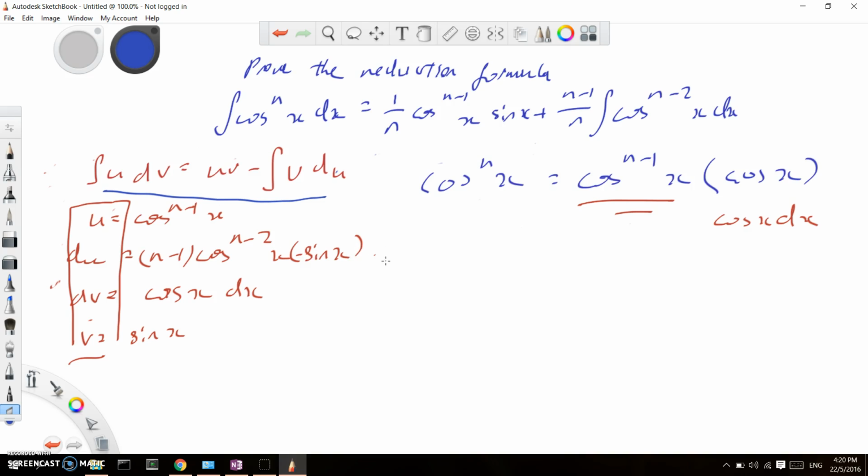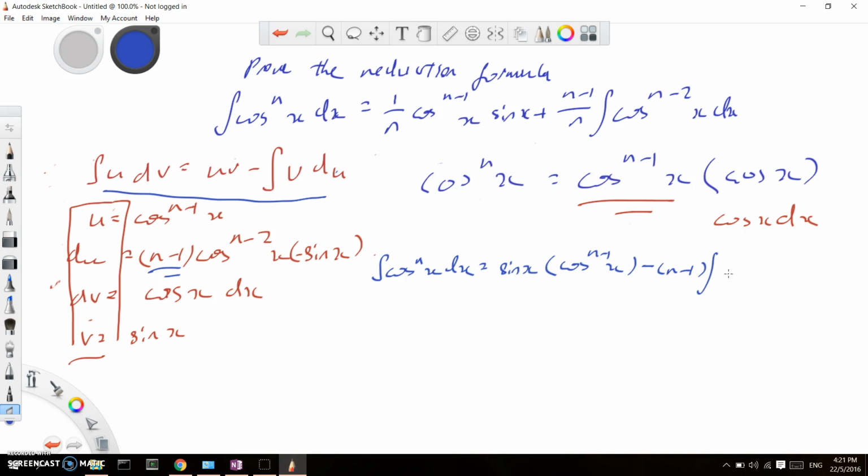So write down the left hand side, which is the integral of cos to the power of n x dx equals u multiplied by v, v being sine x and u being cos to the power of n minus 1 x. So we subtract the integral of v du. The du is actually quite a complicated expression. We have n minus 1 here, which is constant, so we can take it out from the integral and put it in front.